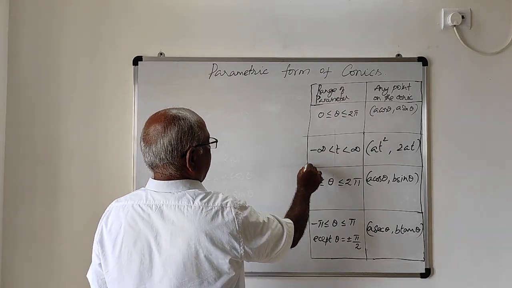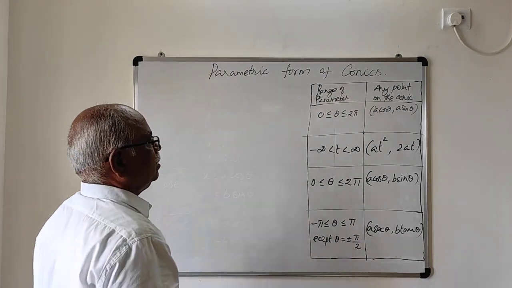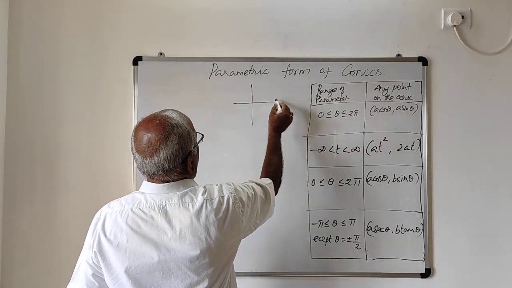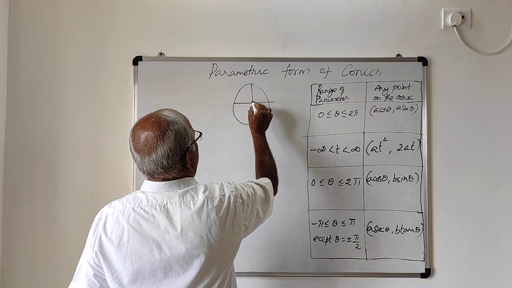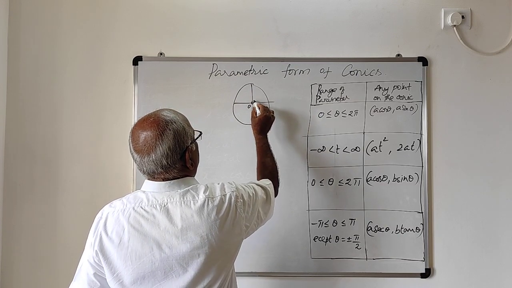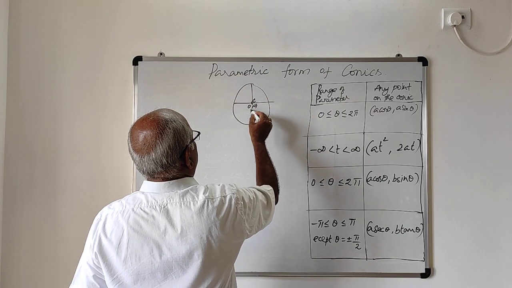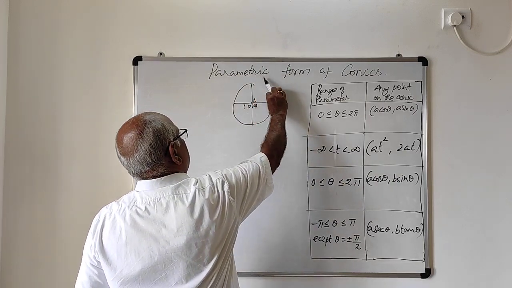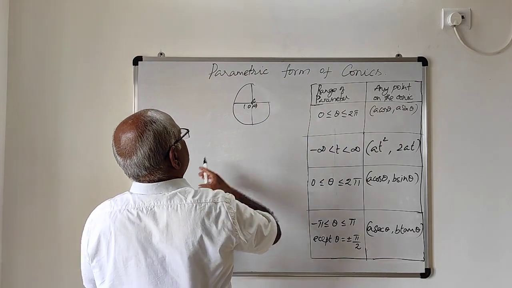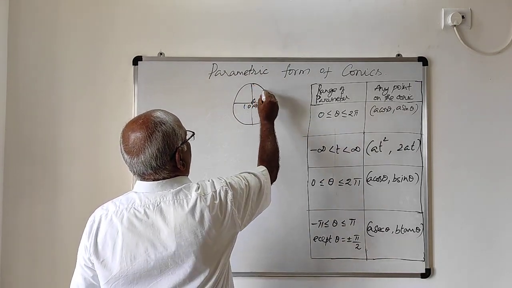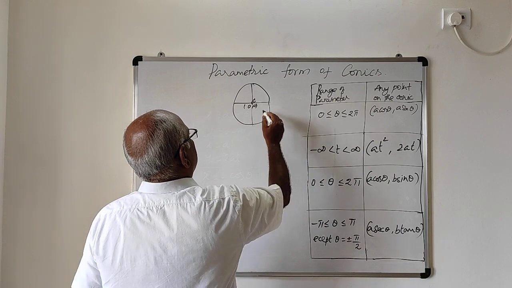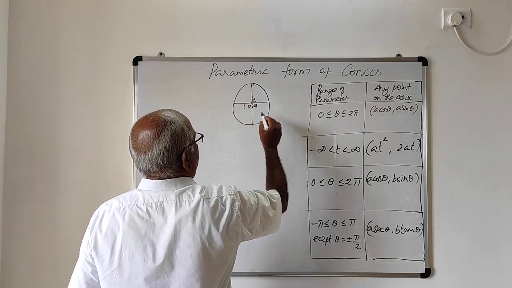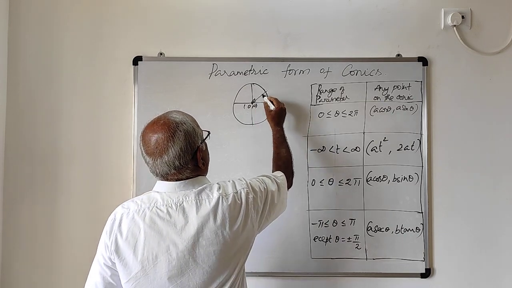See, this (a cos theta, a sin theta) is any point on the circle. The circle with center origin, and the radius is a unit.